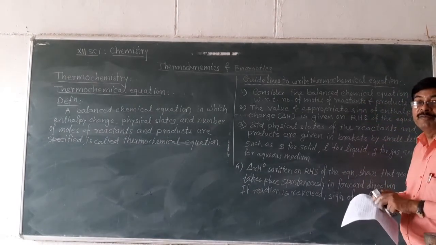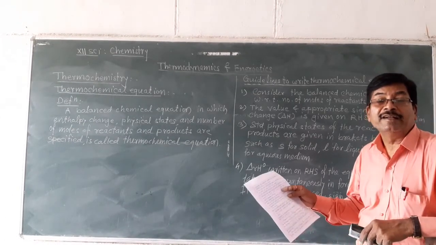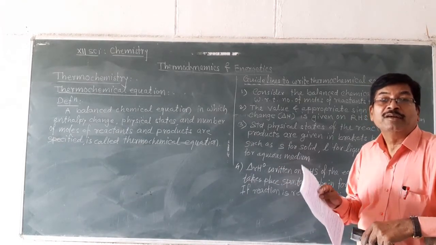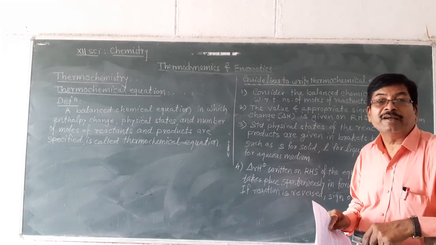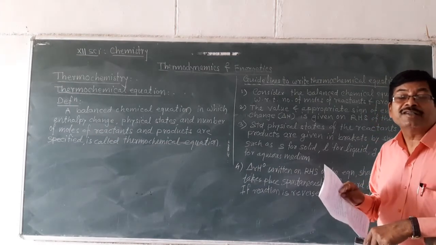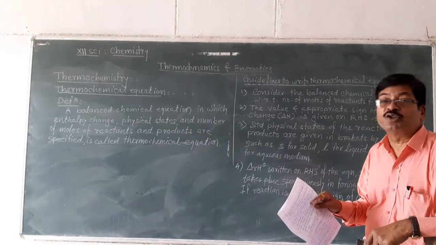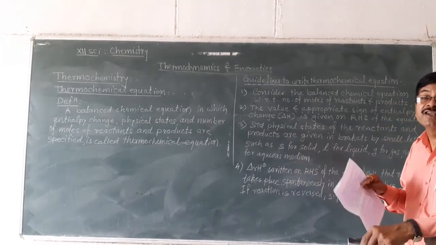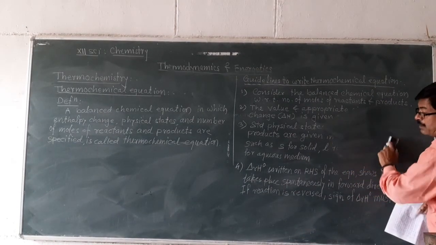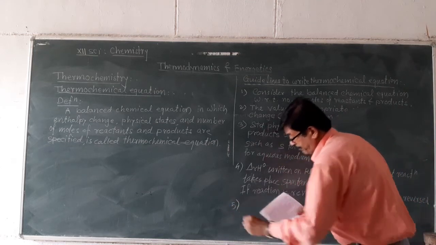That means if exothermic reaction is reversed, it becomes endothermic and sign changes from negative to positive. If reaction is endothermic and it is reversed, it becomes exothermic. That means if previous sign is positive, on reversing the reaction, it becomes negative. This is fourth rule.